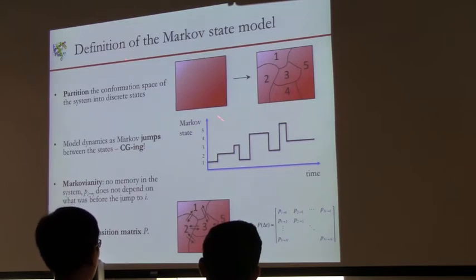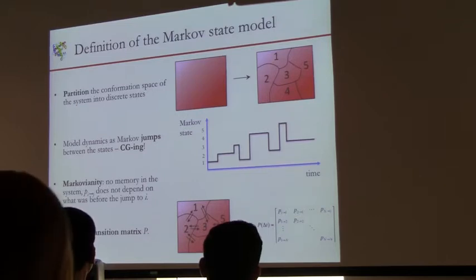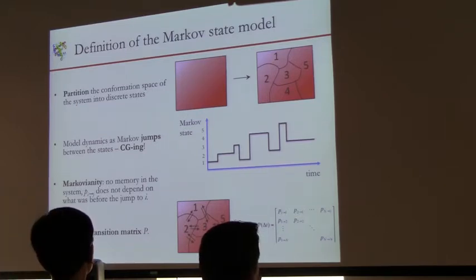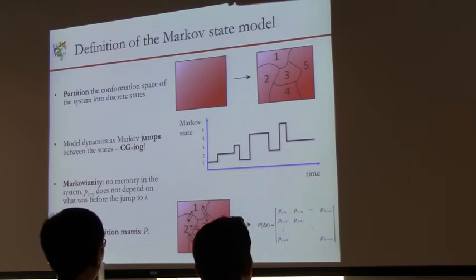Here we have only a two-dimensional configuration space, which is evidently wrong because we're typically going to have on the order of 3n dimensions, where n is the number of atoms in the system. But the idea is that different points in each of these regions, representing different conformations of the molecule, will be interpreted as the same state.